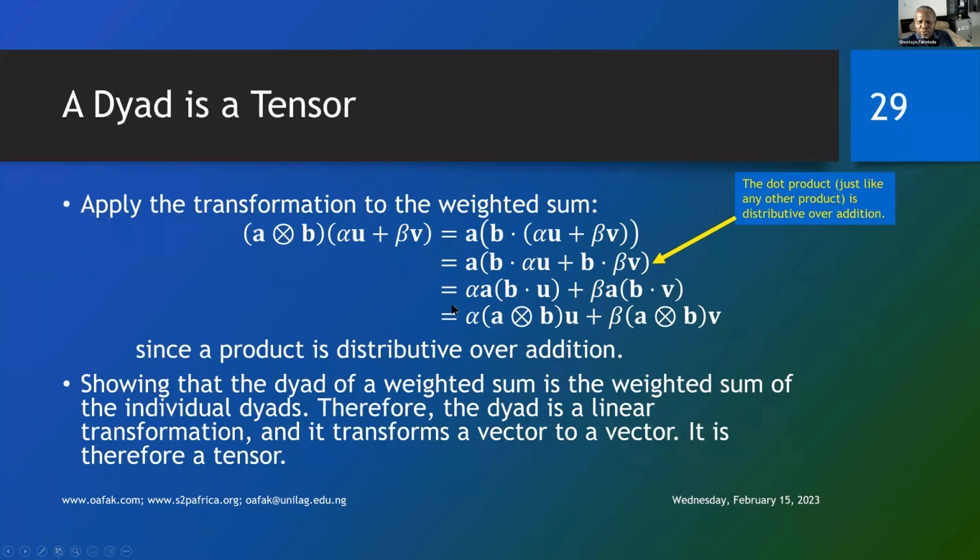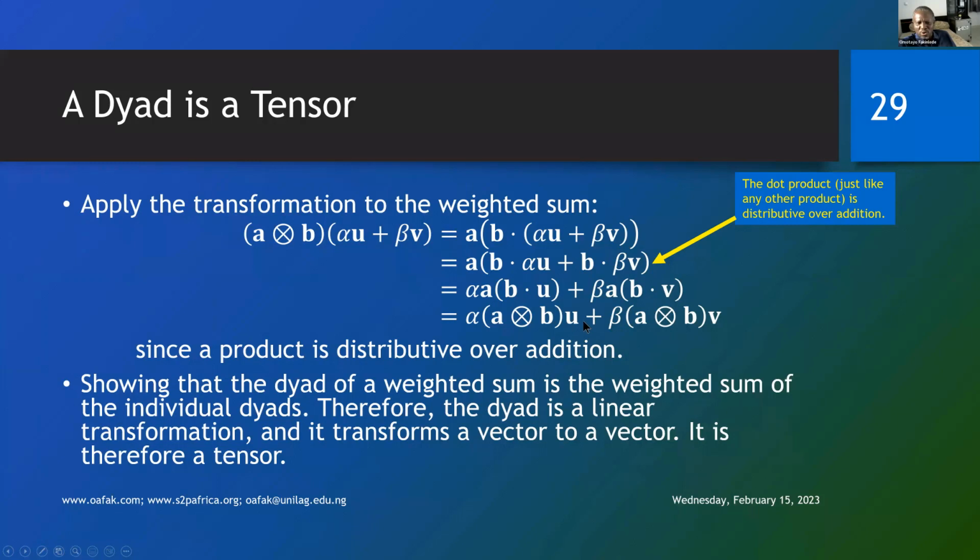But if you look at the last line and compare it to the first line on the left-hand side, you can see that on the left you first took the weighted sum of U and V before you operated the dyad on it. But here, you operated the dyad on U, operated the dyad on V, and took the weighted sum of the results.